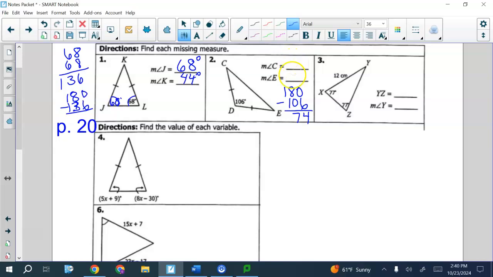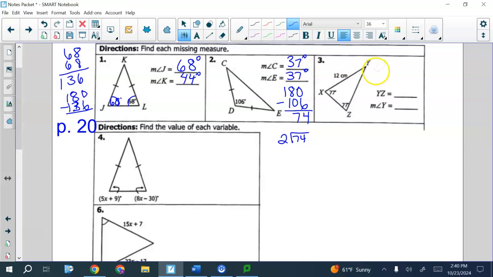We have to take 74 divided by 2 to see what each angle is. So split that up evenly. So then the measure of angle C would be 37 degrees, and measure of angle E would be the same thing, 37 degrees. So that when you add up all the angles, 37 plus 37 plus 106, you will get 180.